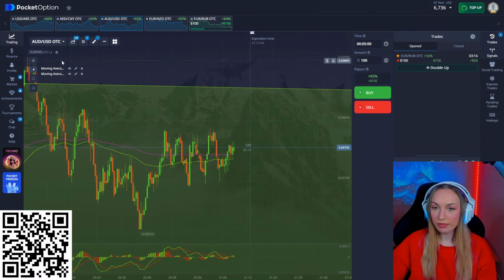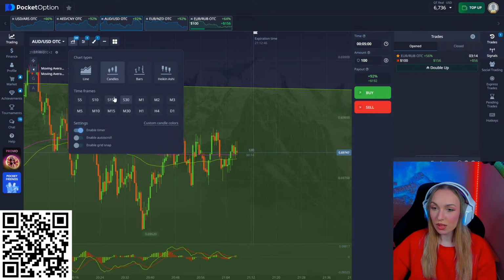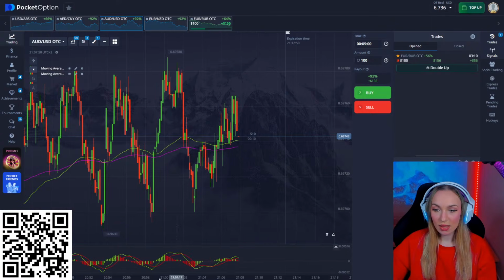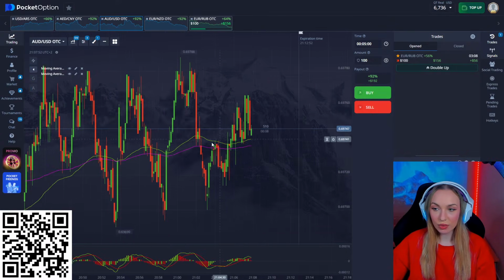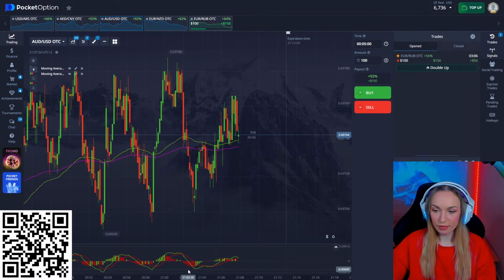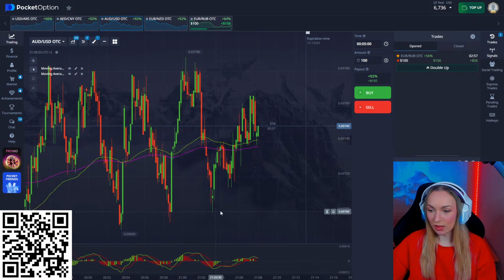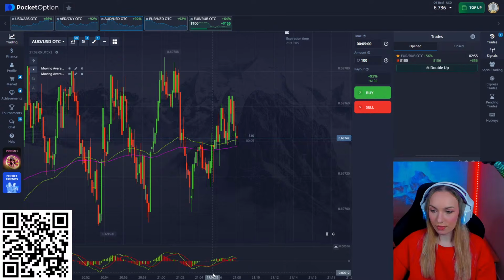This one also still moves, and if we check the chart on 10 seconds time frame, it moves pretty stable, I would say. 59. Well, 2 minutes still. And here 05, 07, wow.